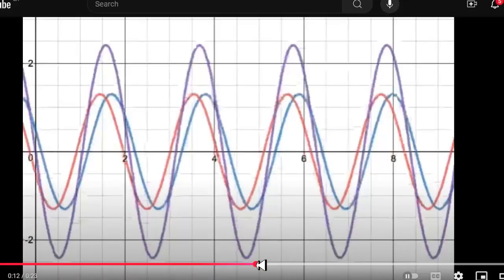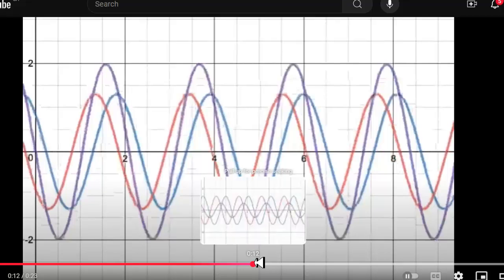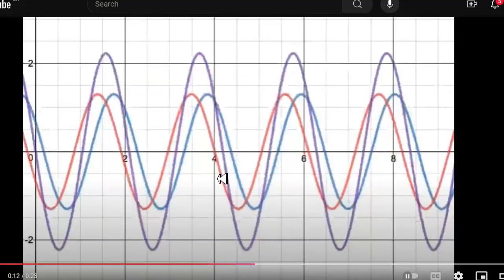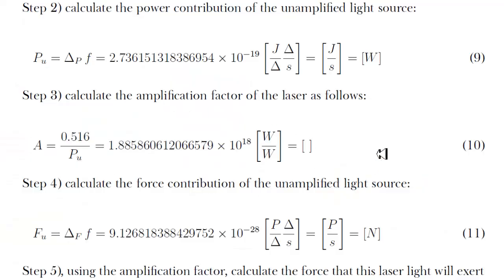So you can imagine that this intensity is going to be quite high, and this is why, of course, lasers are very powerful. Okay, so that is what the amplification factor means in modified unit analysis. It's logical, it makes sense.